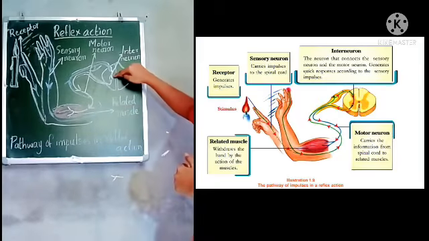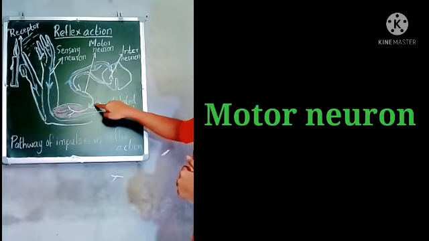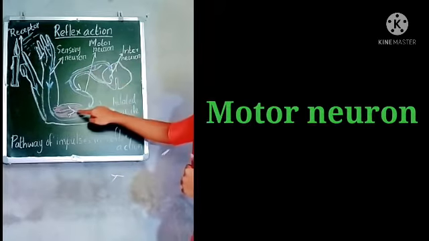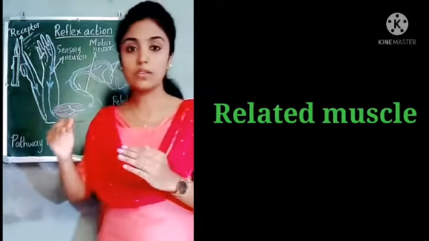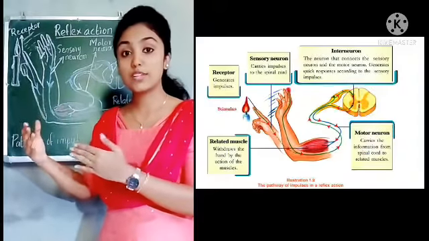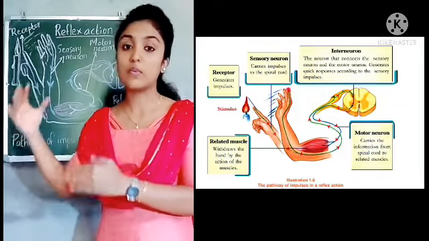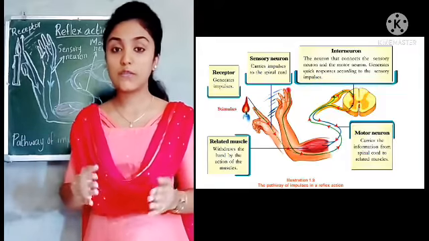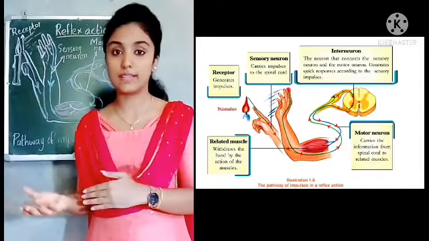Then this response is carried by the motor neuron. Here you can see the motor neuron. The motor neuron carries this information to the related muscle. So the muscle got the information to withdraw the hand, the muscle contracts and we suddenly withdraw our hand. Actually the reflex action is a very sudden action which happens within seconds.